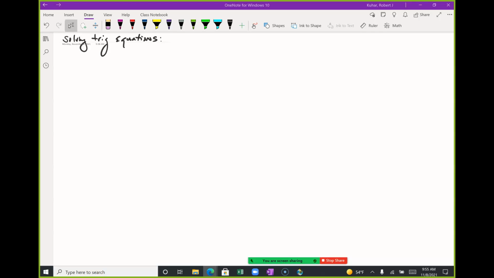So this is 7.3, so it happens again in 7.5, it happens again in 7.6, okay? And I want to just look at what are the 3 types of equations I'm going to solve. So my 3 types are single trig equations. So it will only have a sine in it or a cosine or a tangent in it.